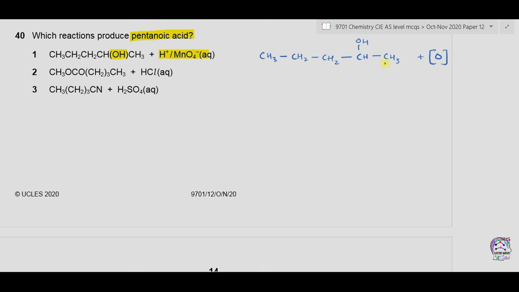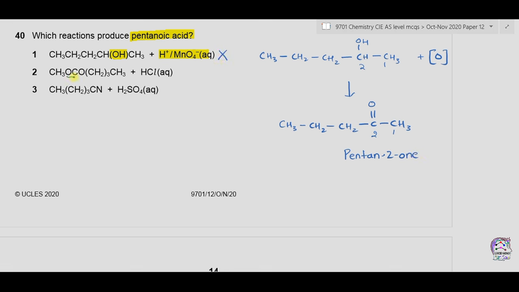As this is secondary alcohol and we have OH group on second carbon, so this will be oxidized to ketone. The product will be CH3, CH2, CH2, carbonyl carbon on this, and CH3. The numbering will start from this carbon and the product is pentan-2-one. So option 1 is incorrect.